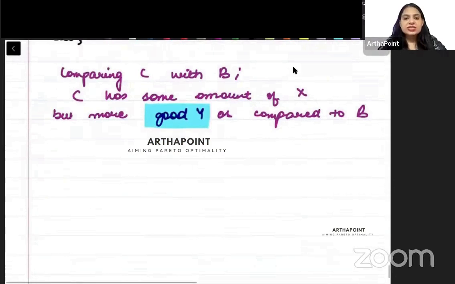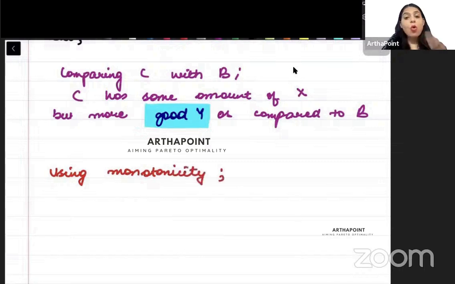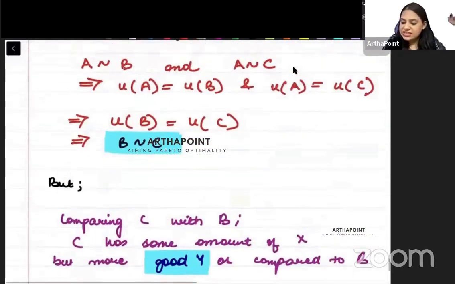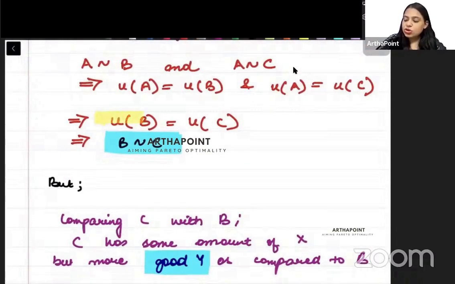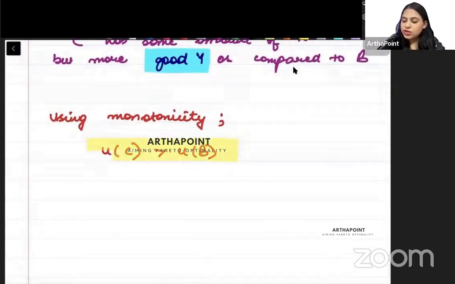So in the last class, we had studied monotonicity. Using monotonicity, which says more is preferred, utility from C should be more than utility from B. Transitivity tells us that B and C should give the same utility, but monotonicity is telling me that C should give me more utility than B. Isn't it?